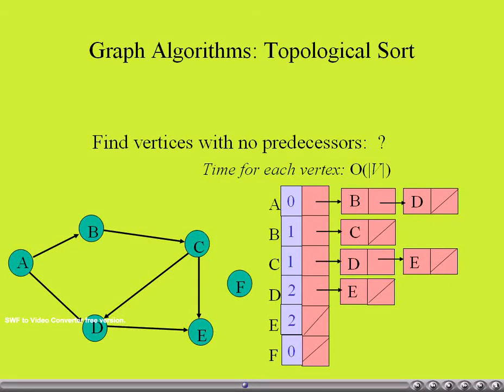Each time we have to traverse the adjacency list and find the vertices with in-degree value 0. Thus, we require effort proportional to the number of vertices V. However, we have to repeat this for each node. Thus, the computational effort will be proportional to V square.